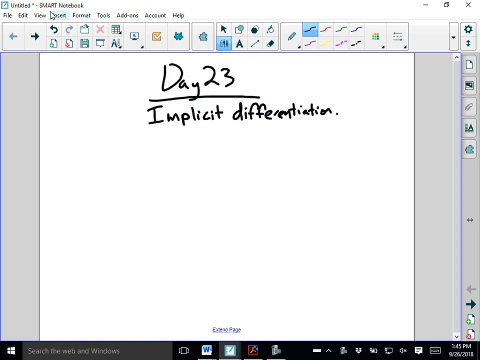Implicit differentiation sounds really difficult, but it's not. Differentiation just means derivative. We do implicit differentiation whenever we don't have y explicitly defined. So let me give you an example of explicit versus implicit.